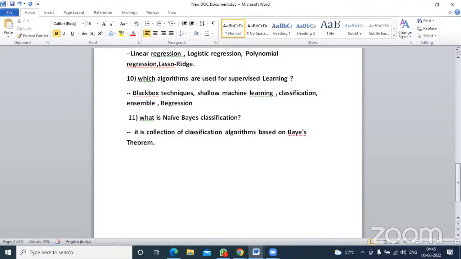As I'm saying, it is a collection of classification algorithms. So it is a family of algorithms where all of them share a common principle, that every pair of features being classified is independent of each other. Let me write, then you'll get what I'm trying to say.